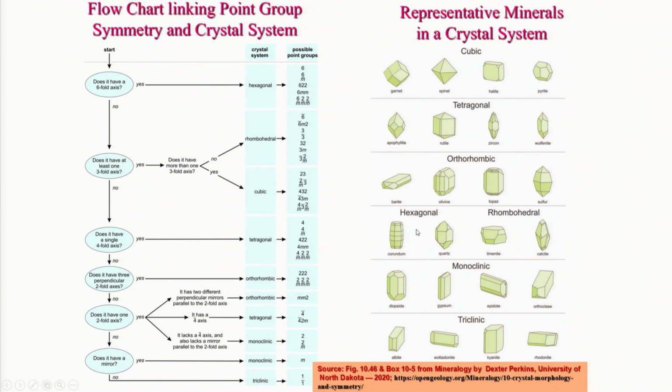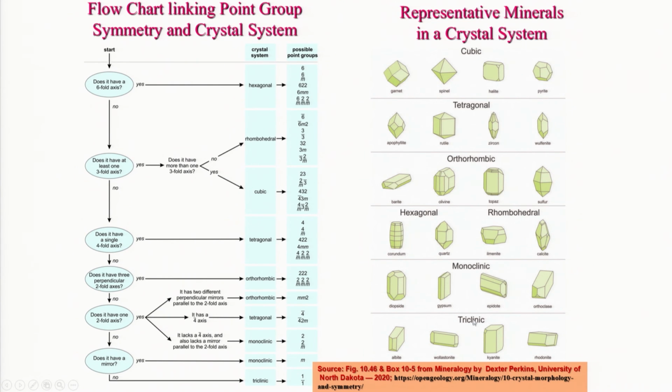And in case of hexagonal, you can think of corundum and quartz. In case of the rhombohedral or trigonal crystal system, you have ilmenite and calcite. In case of the monoclinic crystal system, we have diopside, gypsum, epidote and orthoclase.